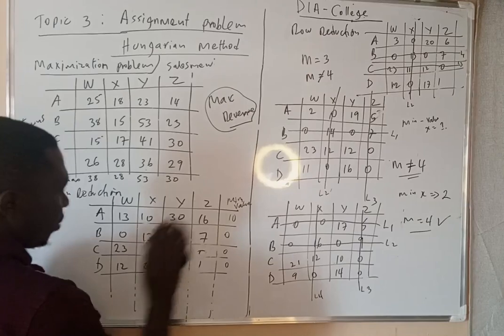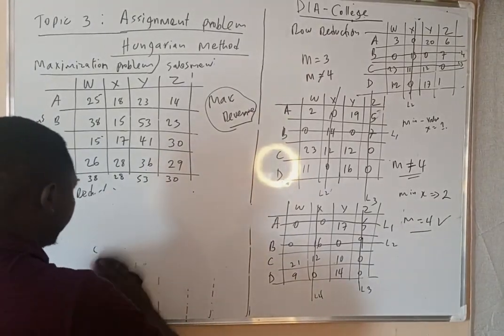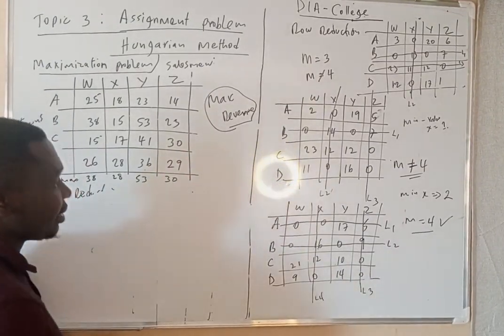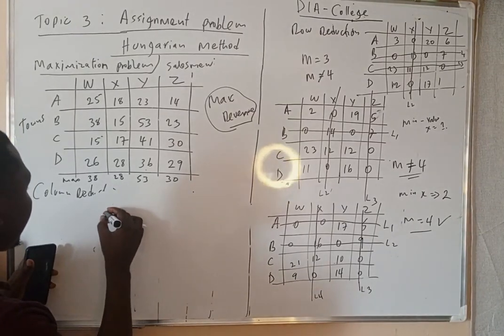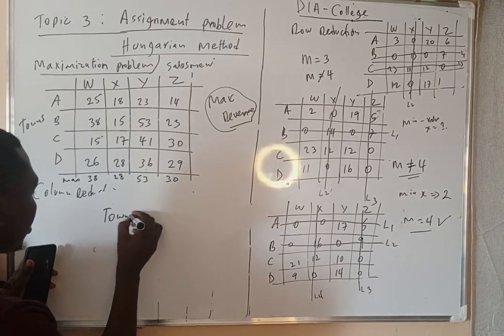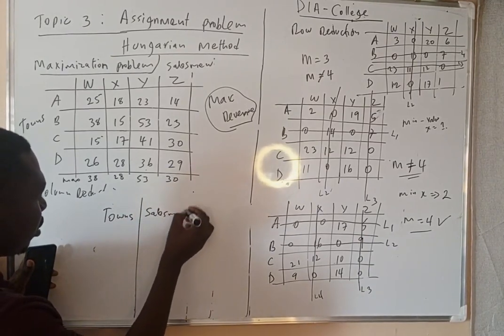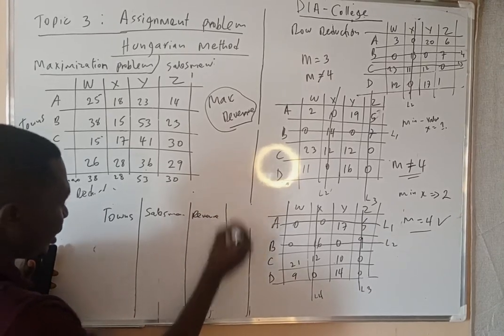Alright, so let me come up with my final matrix, my final matrix of allocation. What I'm going to do here is assign the salesman to the job. So I have the towns, then I have salesmen, then I have revenue expectation in dollars.